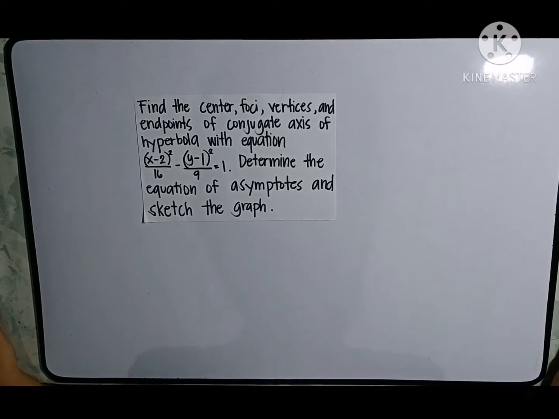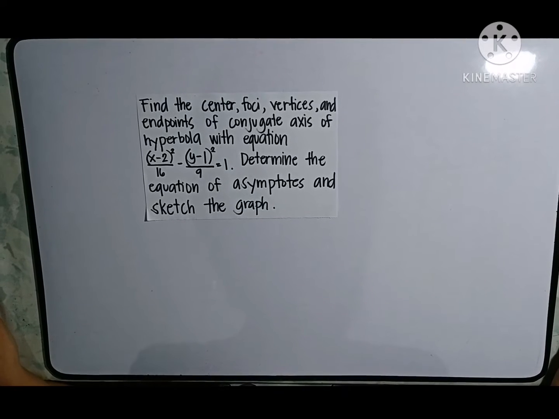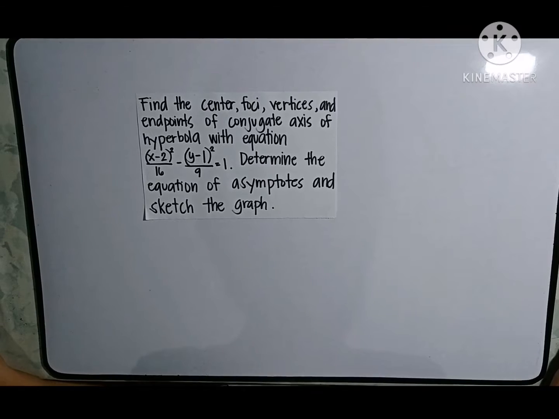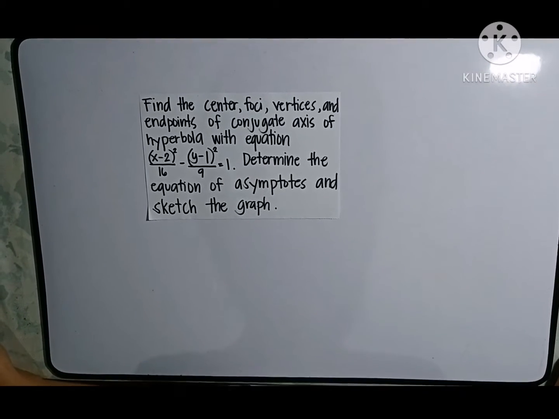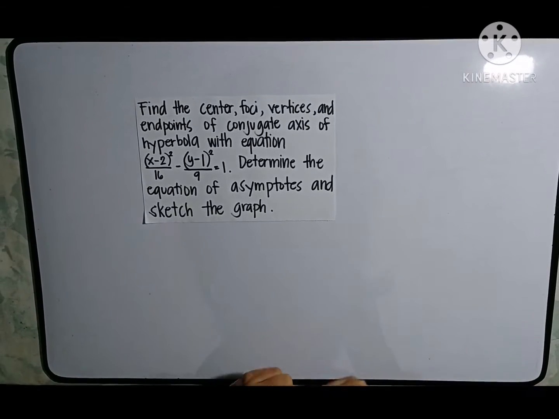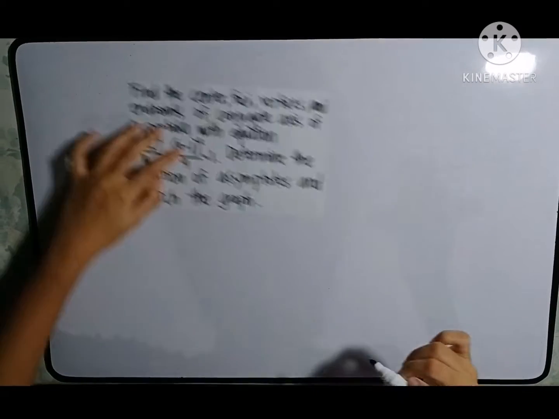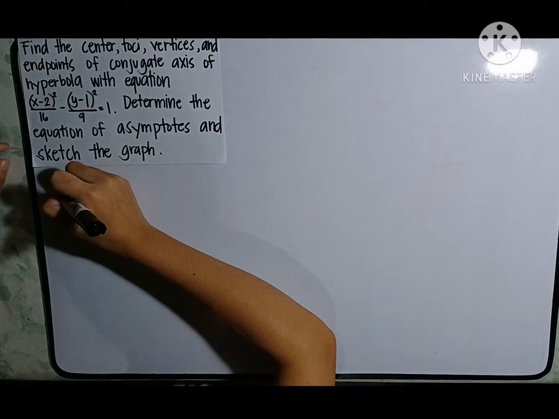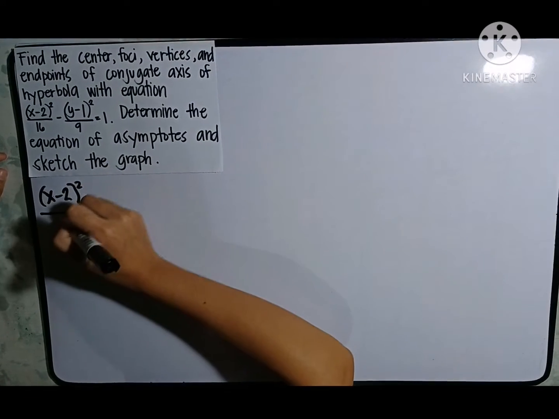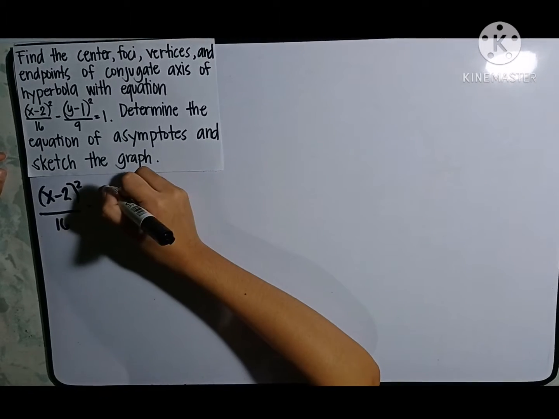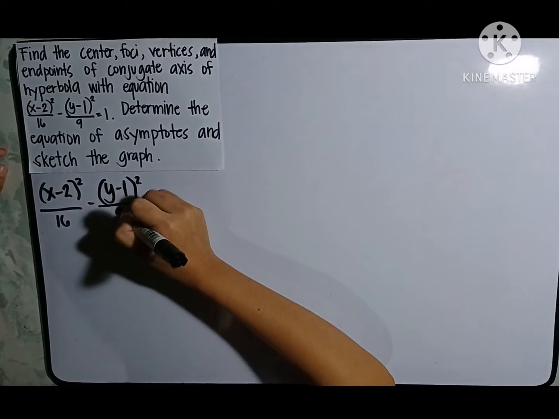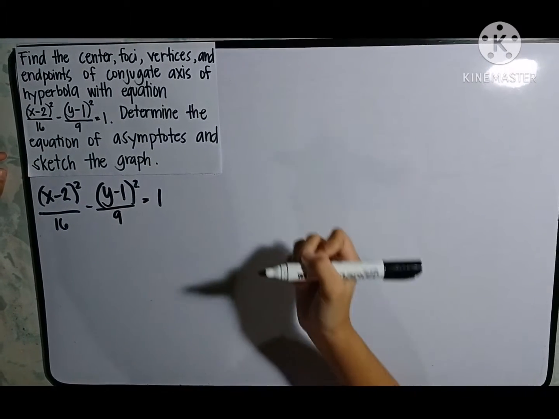From the problem, we can already identify that the equation written is already in the standard form, so there is no need to convert it. Let us rewrite the equation. (x minus 2) quantity squared over 16 minus (y minus 1) quantity squared over 9 is equal to 1.